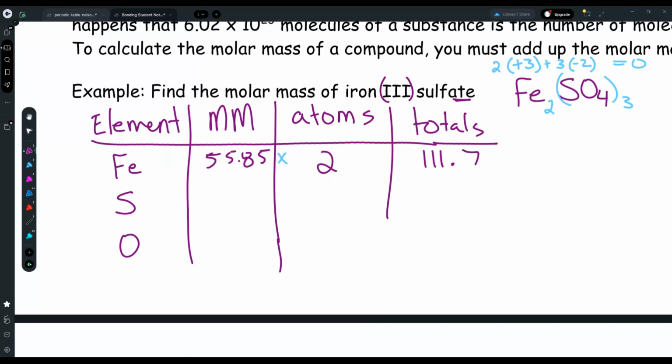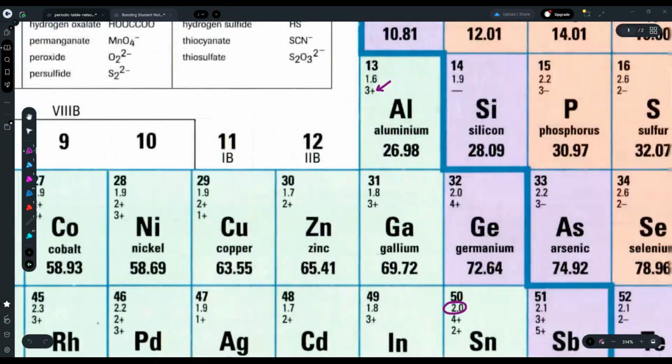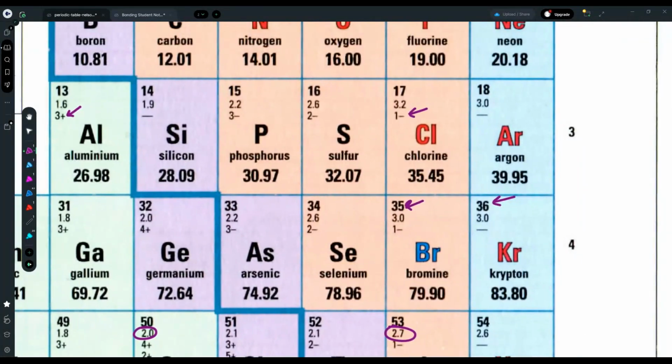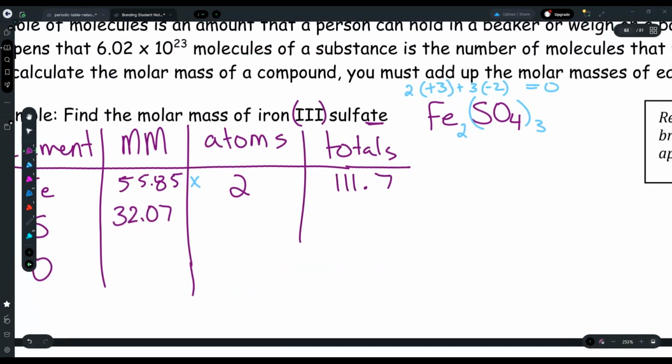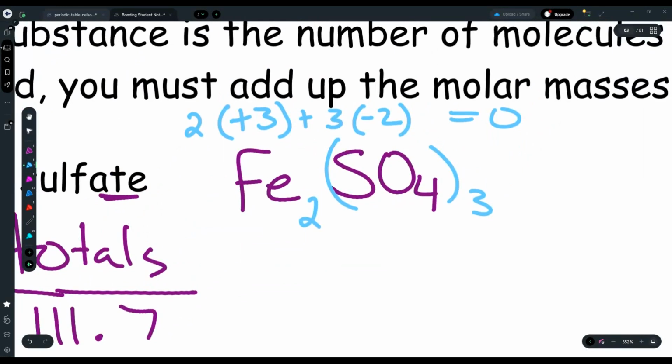And then we're going to do the same process with sulfur. Finding sulfur on our table, the molar mass for it is 32.07. Because we indicated that there had to be 3 sulfate ions in order to balance the charge of the iron 3+, you need to know that this 3 applies to everything inside the brackets.